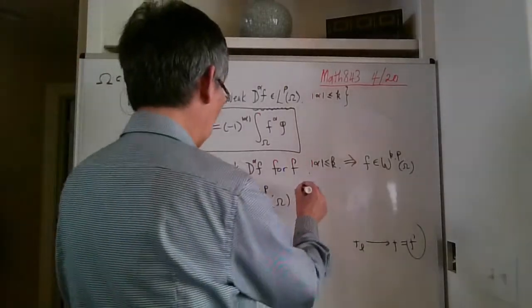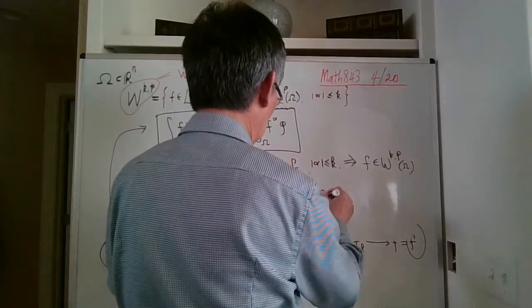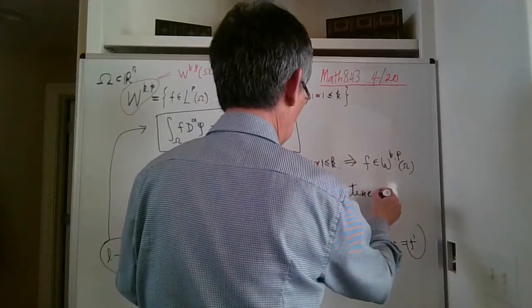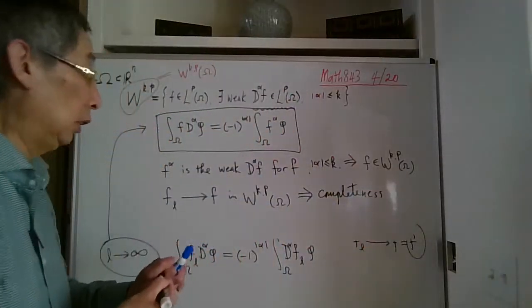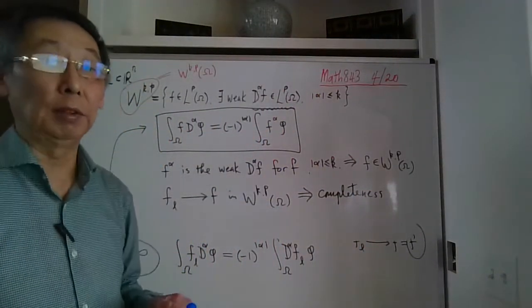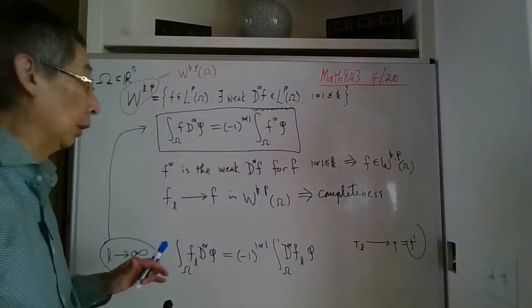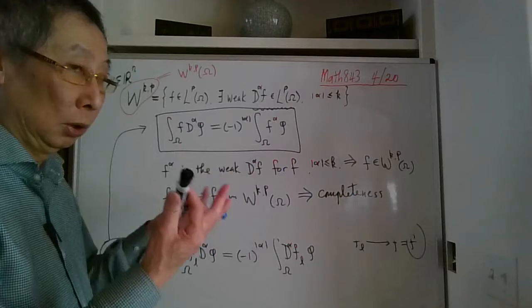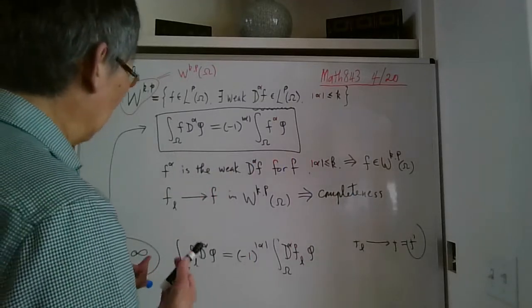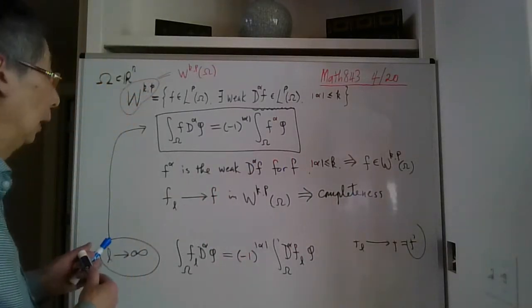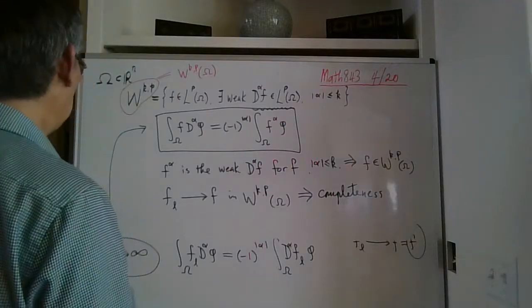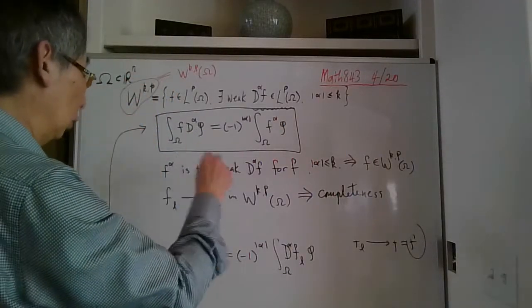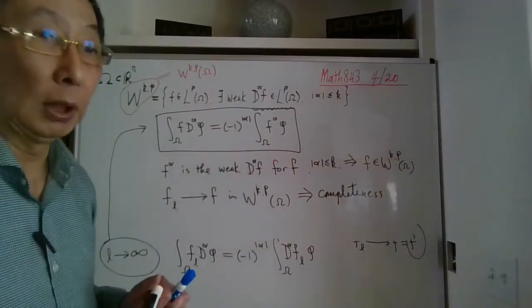So this means the completeness. This completes the proof. Now this proof is very standard, very classical, and it applies to the general case. So this is something you need to remember. Maybe in the final, I will give you some problems with specific n and specific k, and you are supposed to reproduce this result by yourself.